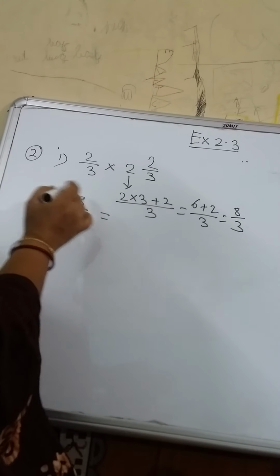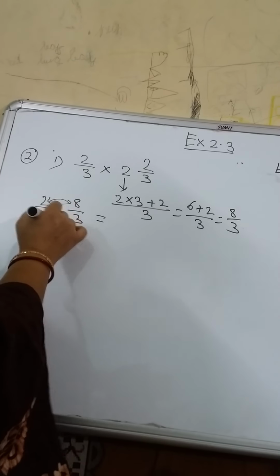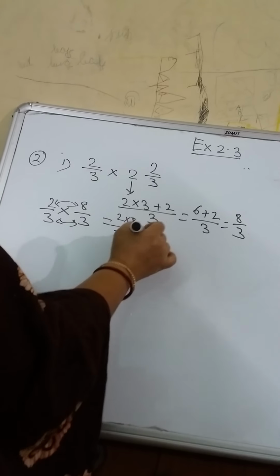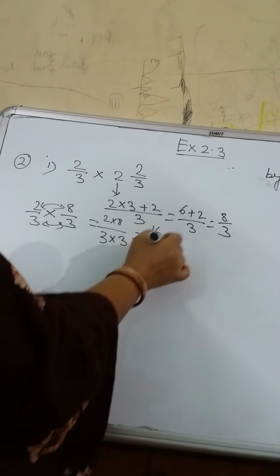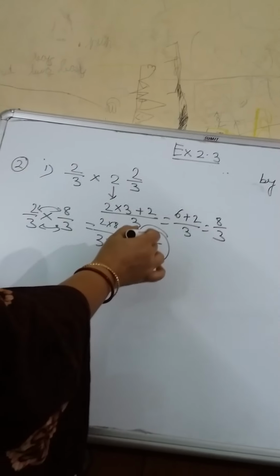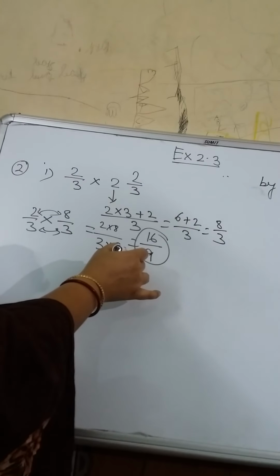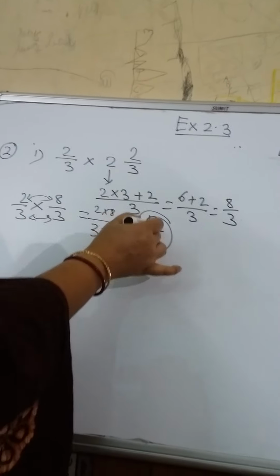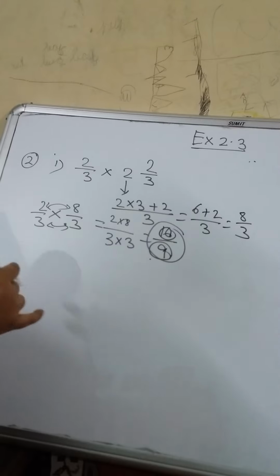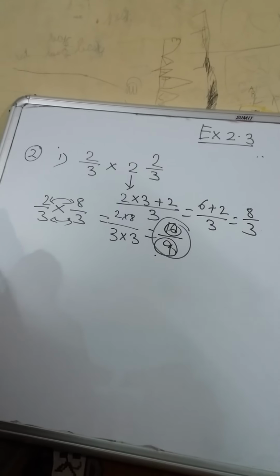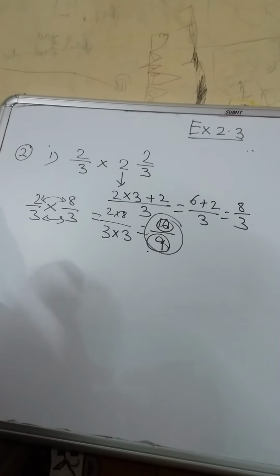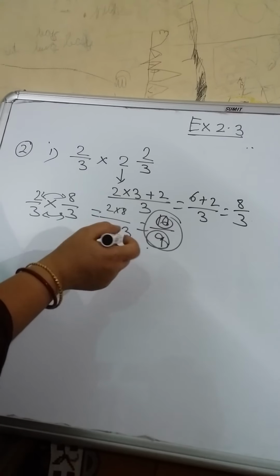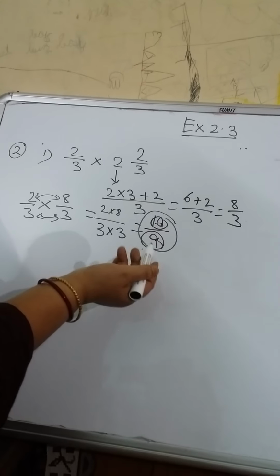Now 2 into 8 by 3 into 3, it is 16 by 9. You cannot reduce it to its lowest form, because 16 and 9 do not have any common factors. They are co-prime numbers.